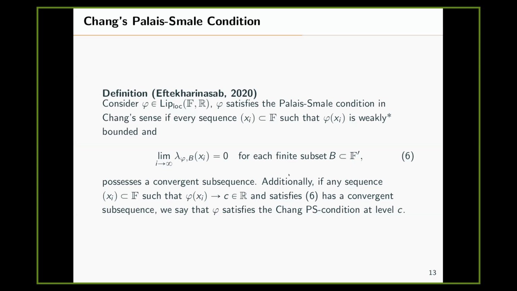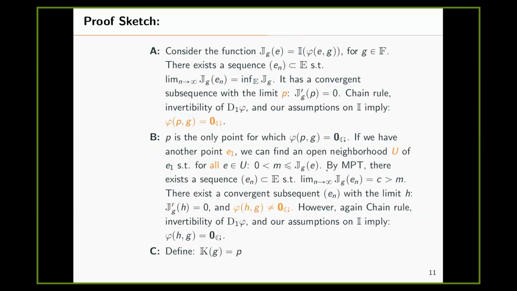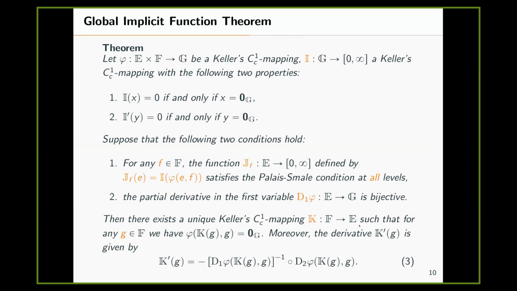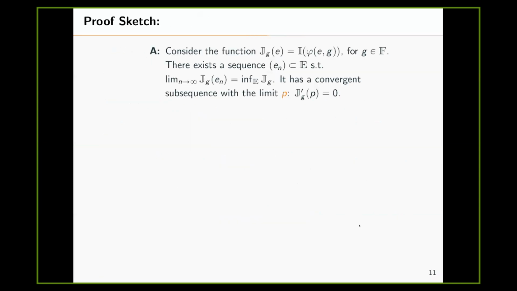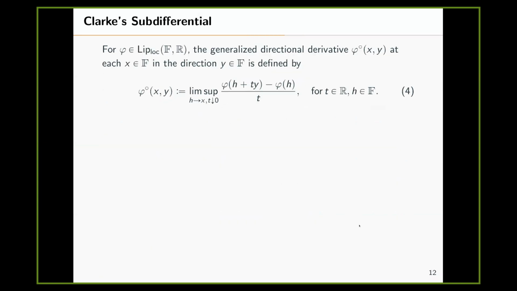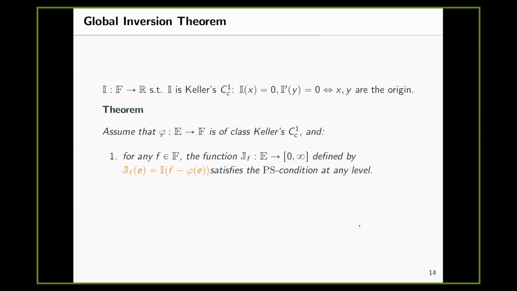So that was version 2 of our global implicit function theorem. Now, the rest is the application of this theorem. The first application, a consequence, is the global inversion function theorem.